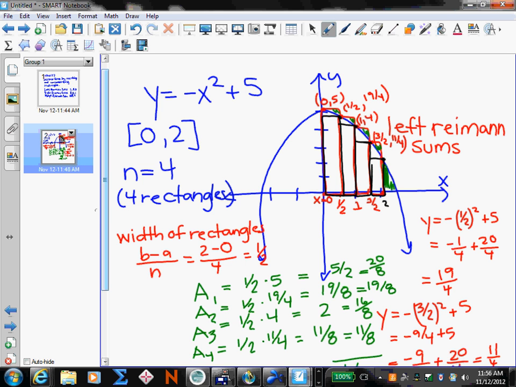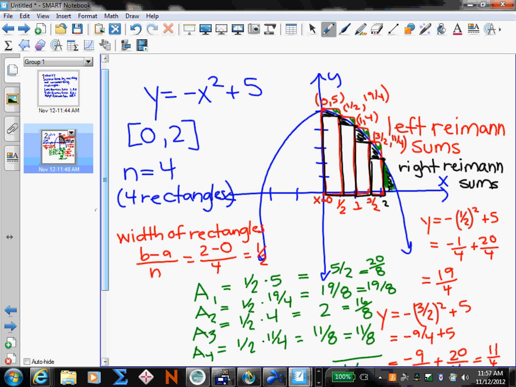So if you compare the rectangles, the right Riemann sum, drawn in black, is underneath the curve. So I have extra space in between the rectangle and the curve, and quite a bit of extra space that has not been included if I am talking about the area underneath the curve.